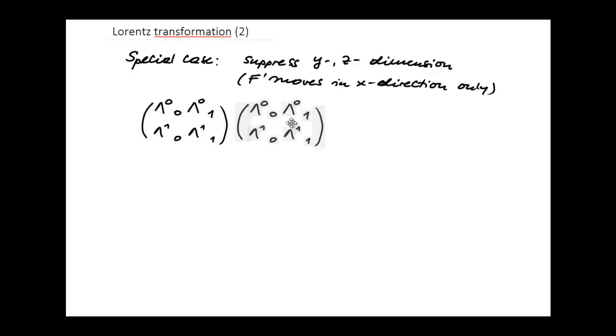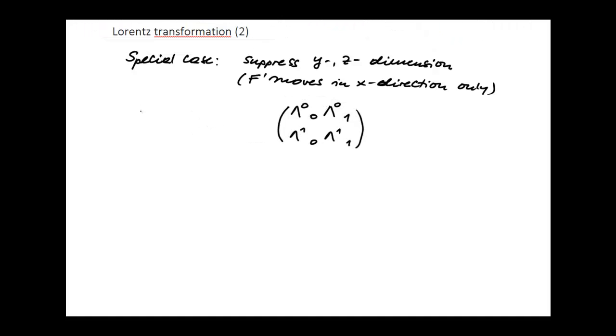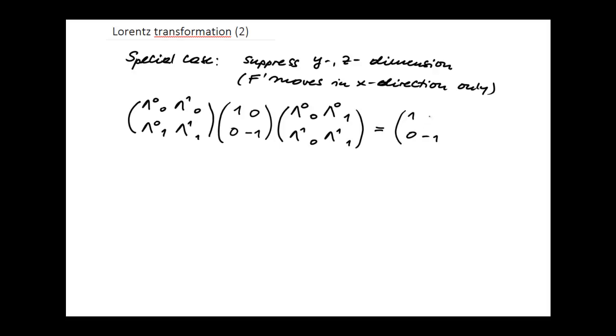Let me write the transpose of this matrix, that is lambda 0,0, lambda 1,0, lambda 0,1, lambda 1,1. That's the transpose of lambda, multiplied with eta, which in this case, with two dimensions suppressed, is simply 1, minus 1. This must give eta, which is 1, minus 1.